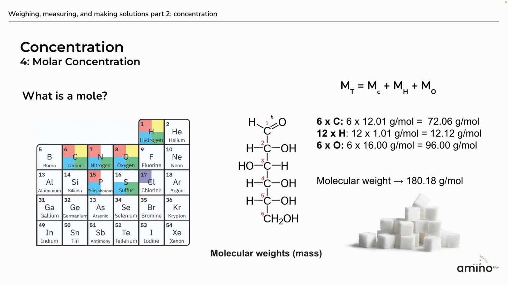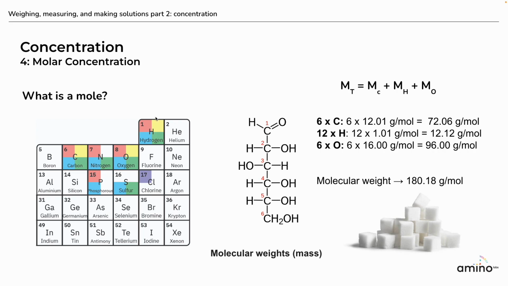Okay. And so let's look at the molecular weight of this molecule here, which is glucose. And so the way you do it is you literally count the atoms that are there and you multiply those by the atomic weights.